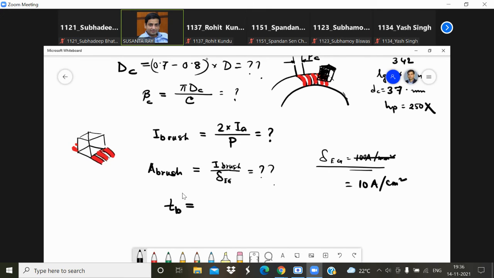As I have mentioned, it will touch 2.5 commutator segments at a time, so the formula we can write like this: 2.5 into beta C. So this is how the thickness of the brush you can calculate.